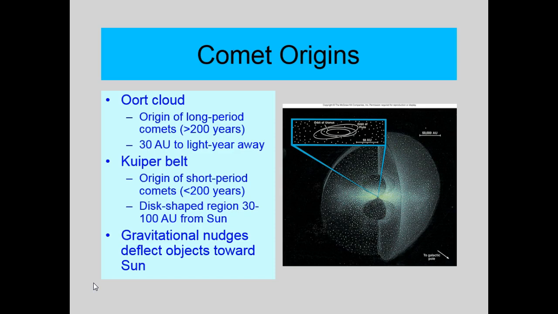and those things do orbit around the sun, and every now and then they'll come in toward the sun and then go way back out again. So it's a mess. The gravitational nudges deflect objects toward the sun. You know, one object getting close to another might pull it a little off track, and then once it starts heading to the sun, the sun takes over and pulls it in.